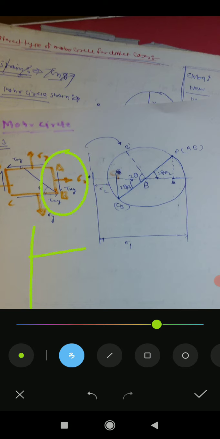Okay, now just take one. यहाँ पे दो लगे हुए हैं, one normal and another one is tau xy. So this is tensile. We have taken this origin.